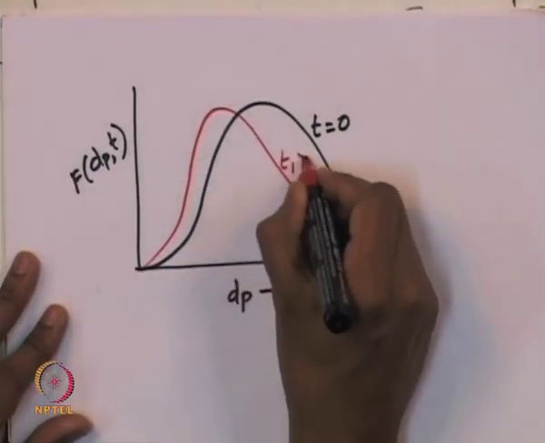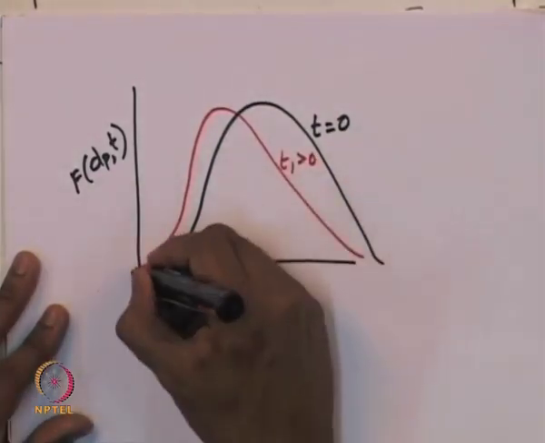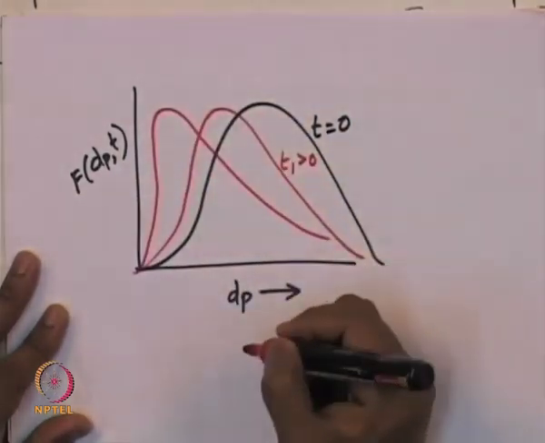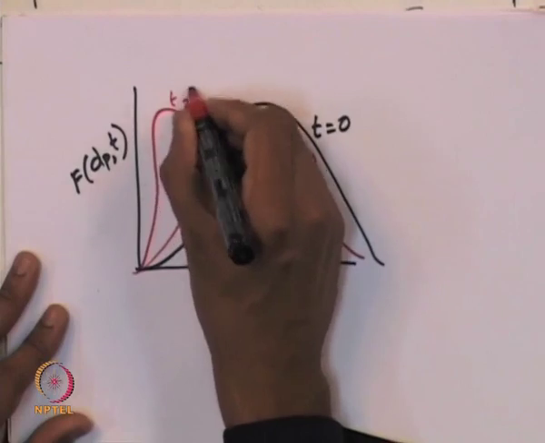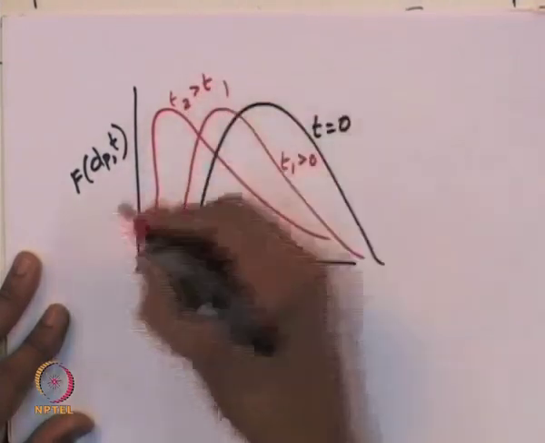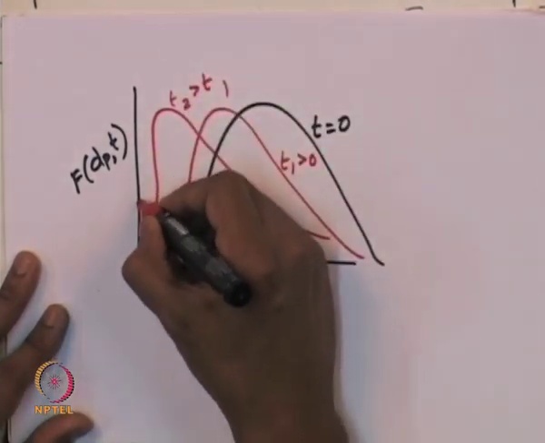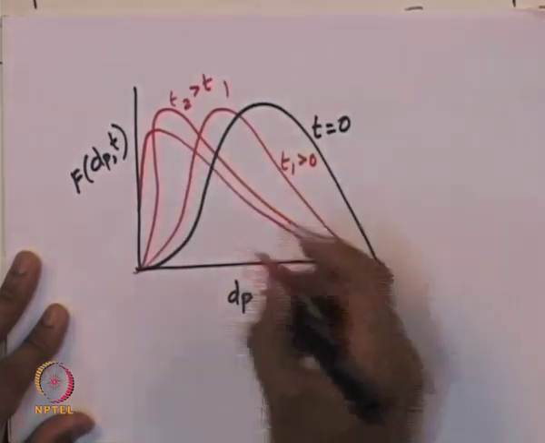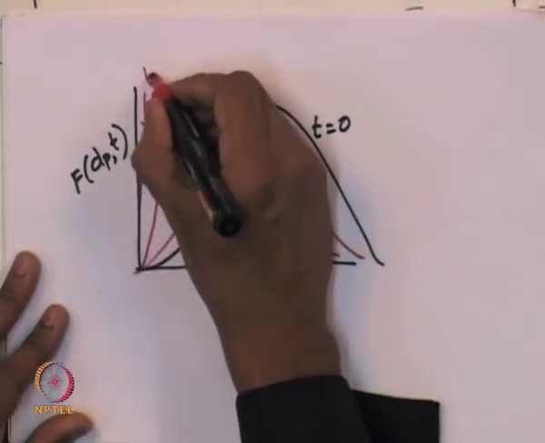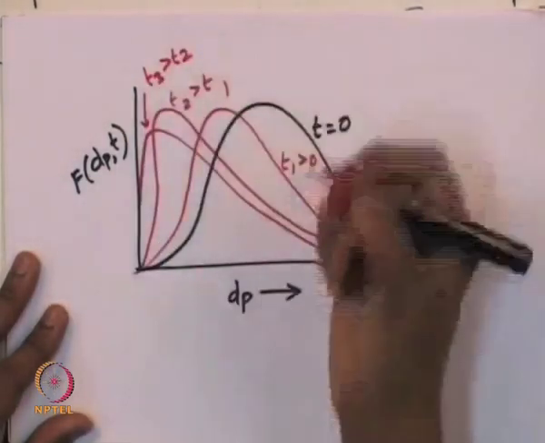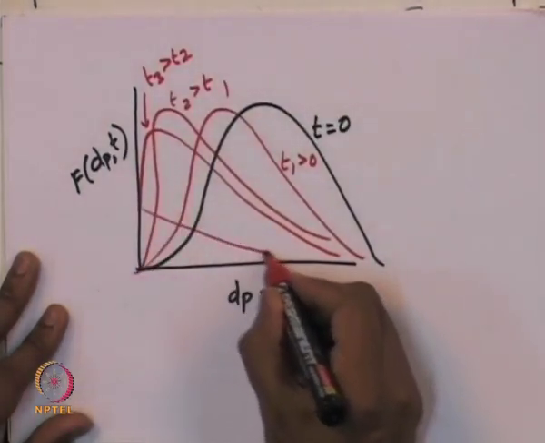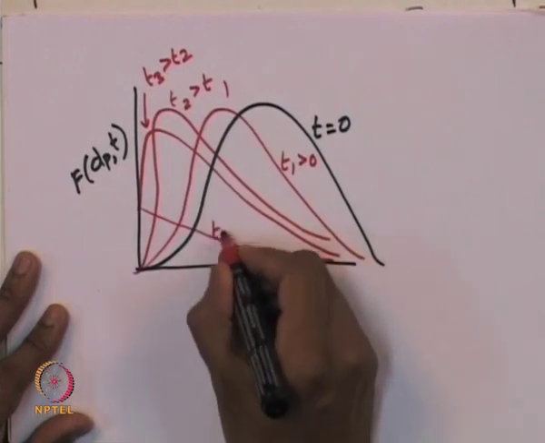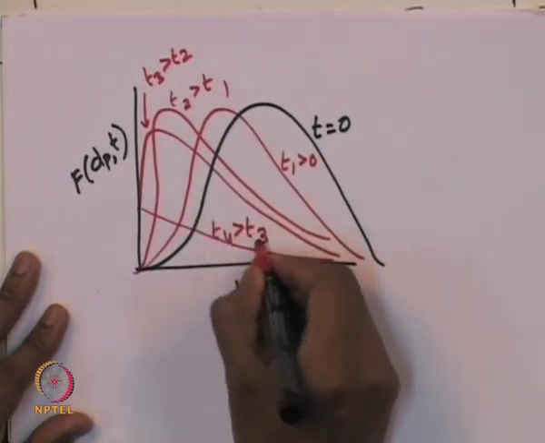This is T1 which is greater than 0, and then as more time goes by, more dissolution will happen, and this will be T2 which is greater than T1. Then further time elapses, this will be T3 which is greater than T2, and eventually when the conversion is almost complete, the distribution will look like this, where this is T4 which is greater than T3.